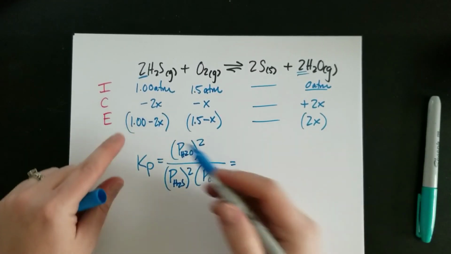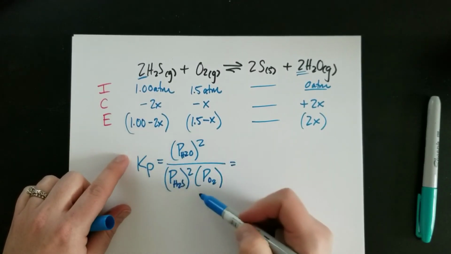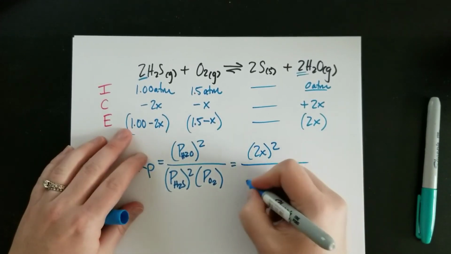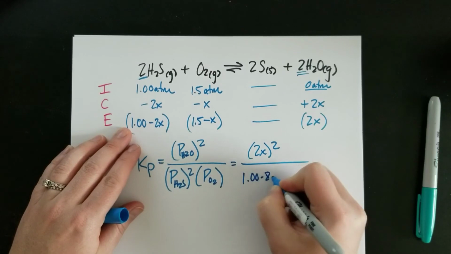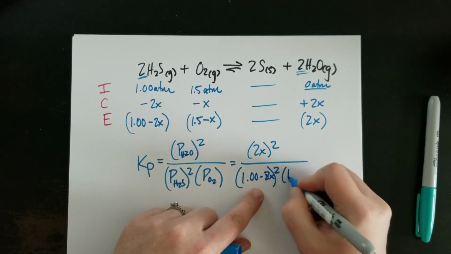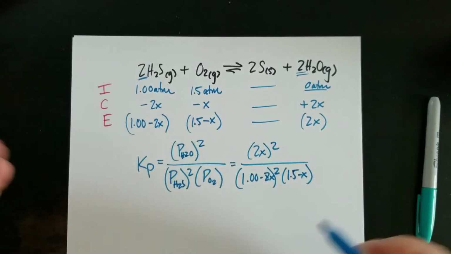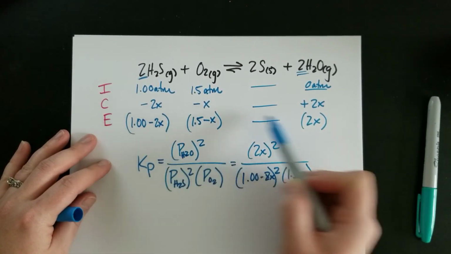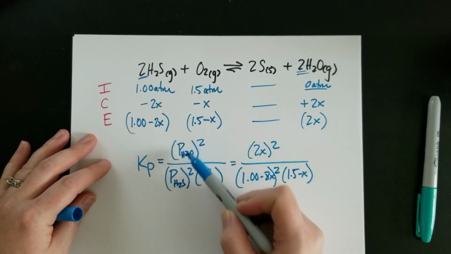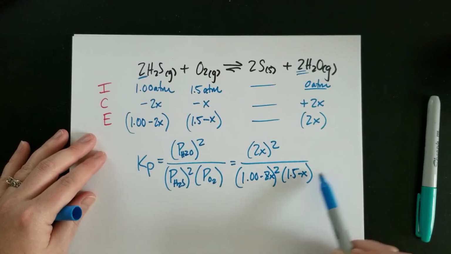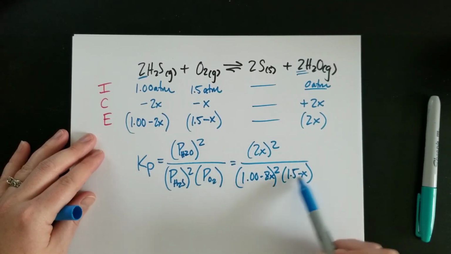If I was going to plug in all these values, I would have 2x squared on the top, 1 minus 2x squared on the bottom, and then 1.5 minus x. Notice what I'm doing there: I'm taking the terms that are in terms of x and plugging them into the appropriate spots in the expression. Now there's something we're going to do next to deal with a situation like this.